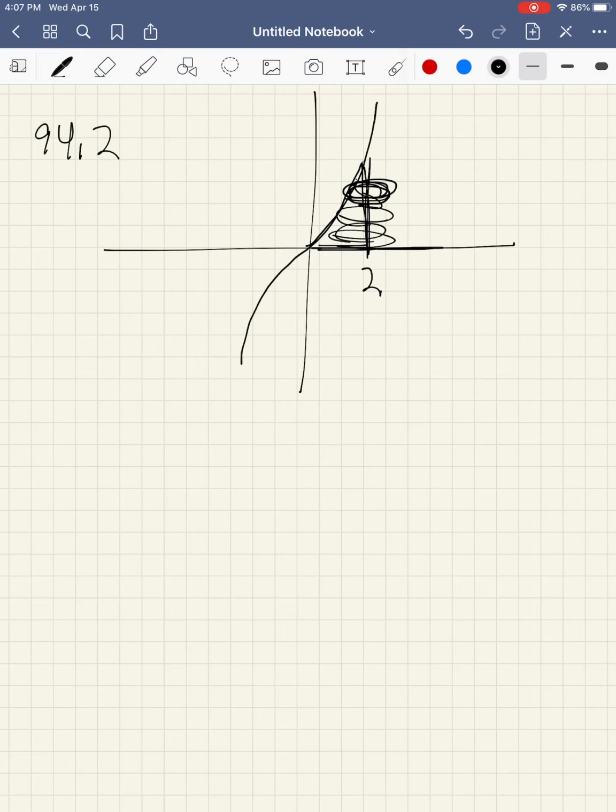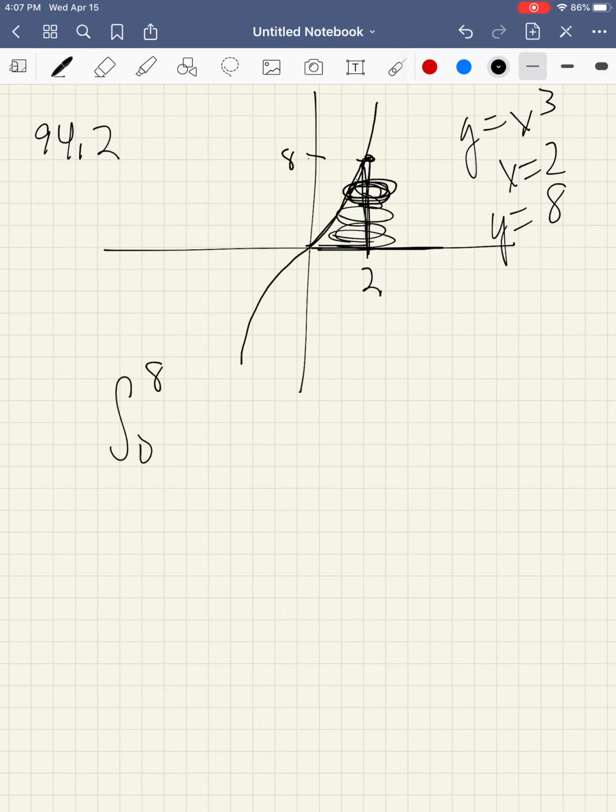Let's see, we need to find out what point this is up here where these two intersect. We have y equals x cubed, and x is equal to 2, so y would be equal to 8 right here. So we integrate from y equals 0 to y equals 8. It says to write the integral, and then it says evaluate it, sorry.